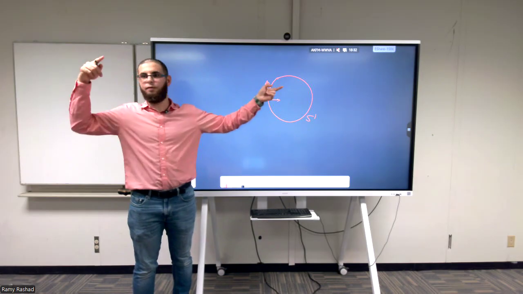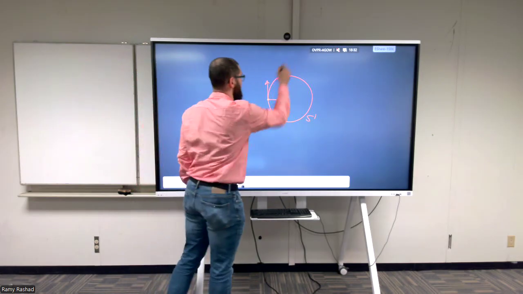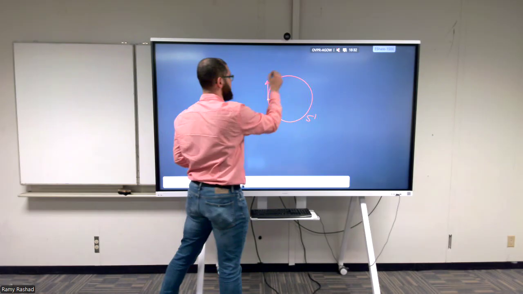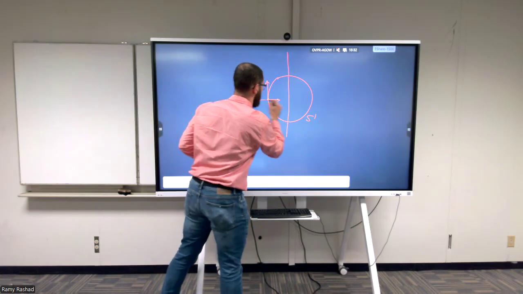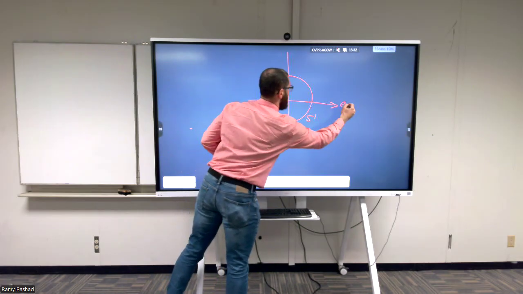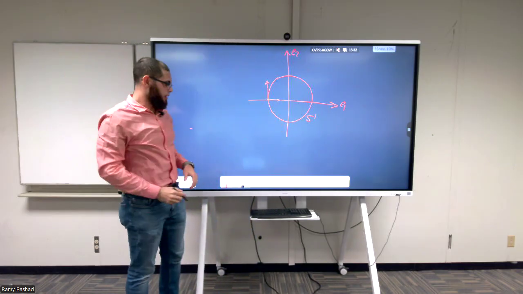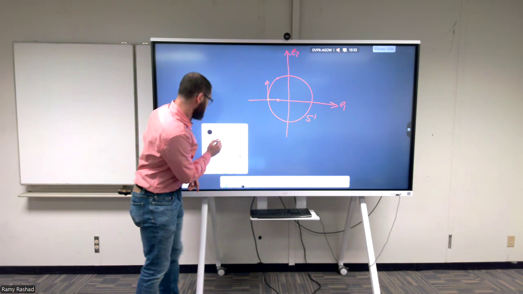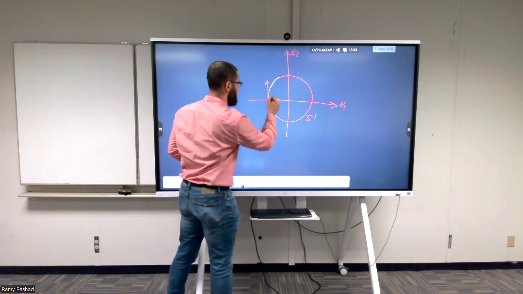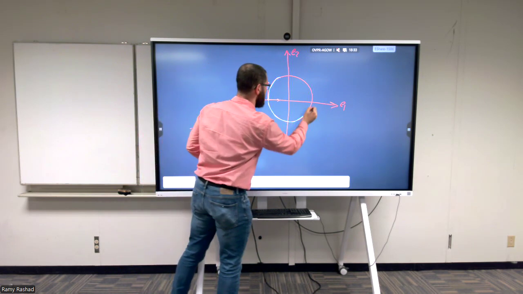If you think in terms of this being a subset of R2, what you're thinking of is the following picture. E1, E2, and this is R2. And the manifold, which is now the blue part, is a subset of R2.